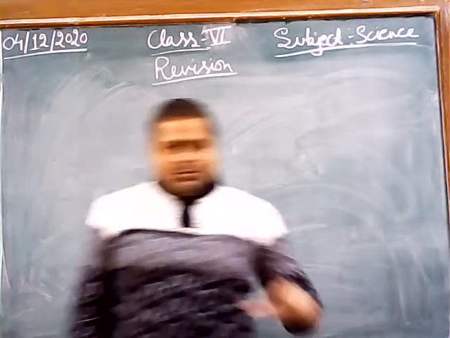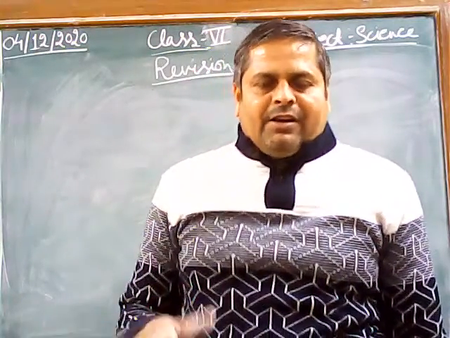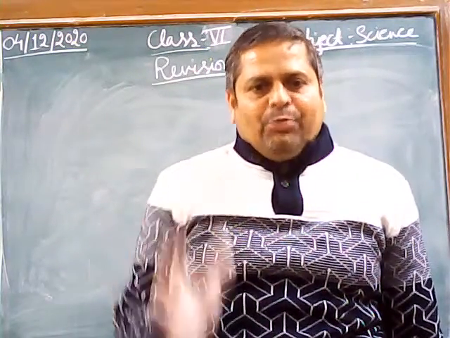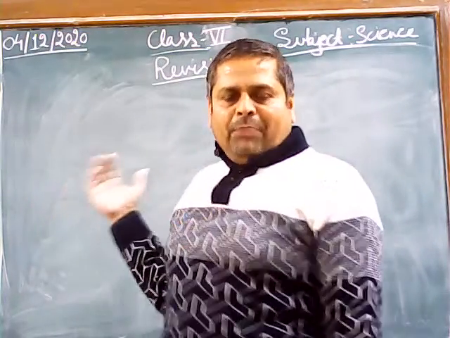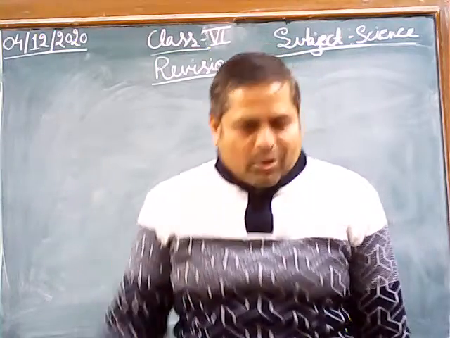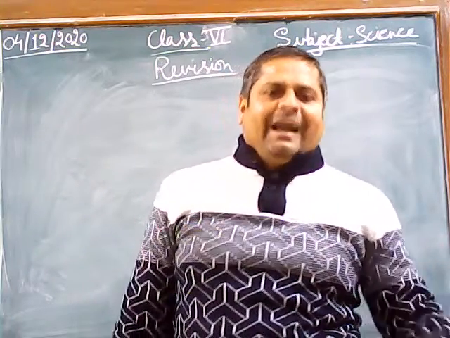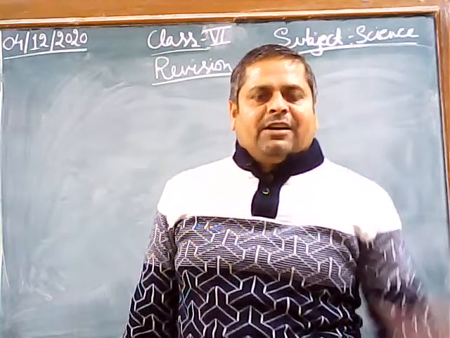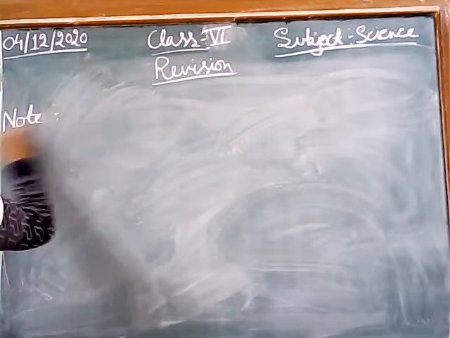If I am measuring with the help of my handspan, it is 10 and a half. Now if a child like you measures, then your handspan will be smaller. So the number of handspans required to measure the blackboard will be more. So we cannot use pace or a footstep or a handspan as a standard because it varies from person to person. Note this question is asked frequently.